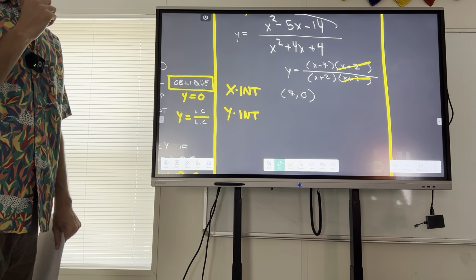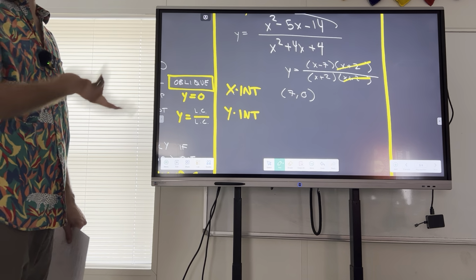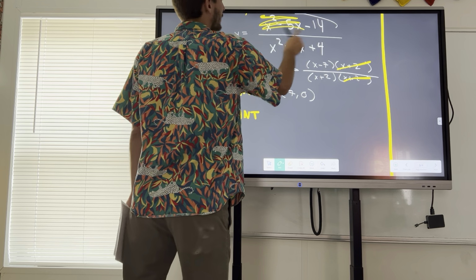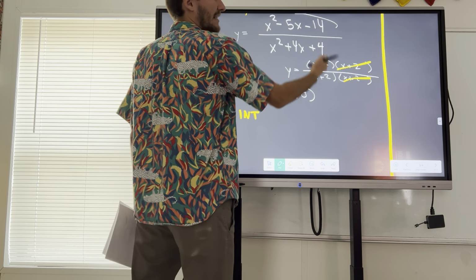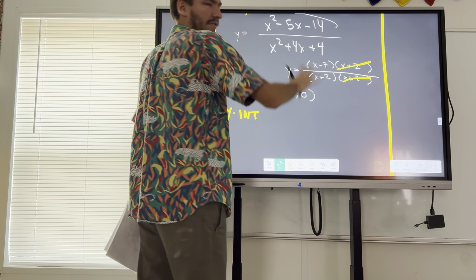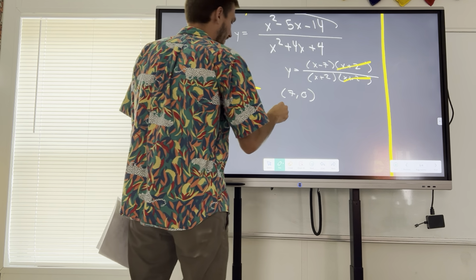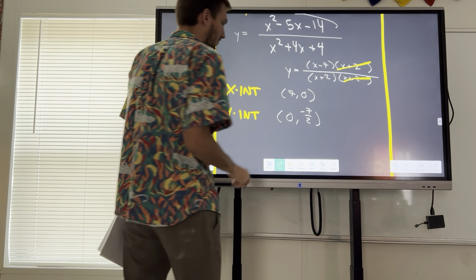Anybody got the y-intercept? -7/2. And remember, we talked about how beforehand it would be -7/2. And what about it in factored form? Same thing, -7/2, even after we've already crossed that out. So great. 0, -7/2.